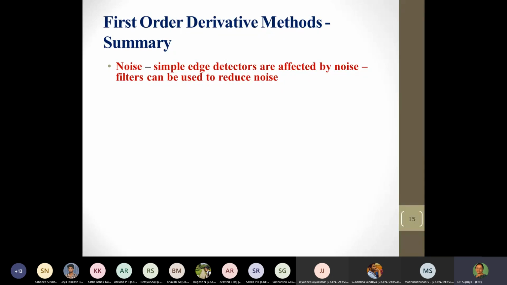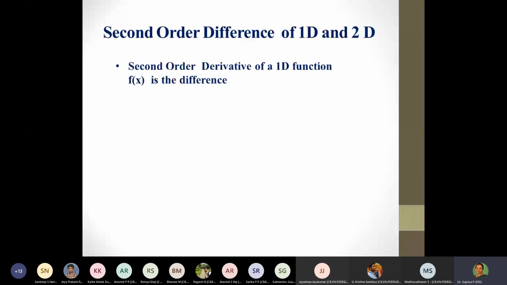So in case the edge detectors are affected by noise, we can use filters, which we had already considered. Next we will go on to the second order difference, or second order derivative, filter.